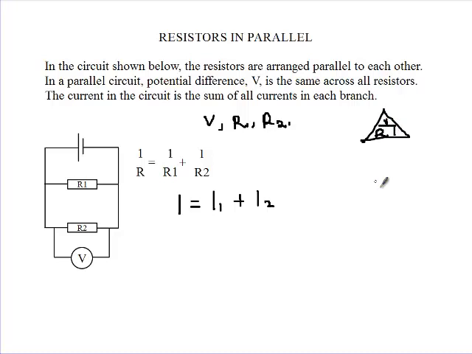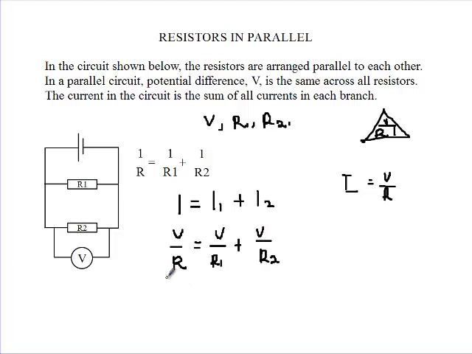So if you want to make I the subject, I is equal to V over R. So now we are changing all I's to V over R. Now V over R, which is the total resistance, is equal to V over R1, where R1 has to do with the resistance in the first resistor, plus V over R2, which is the resistance in the second resistor. Now the V's do not carry numbers because voltage is the same everywhere.